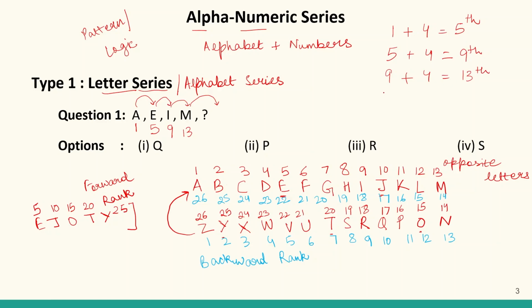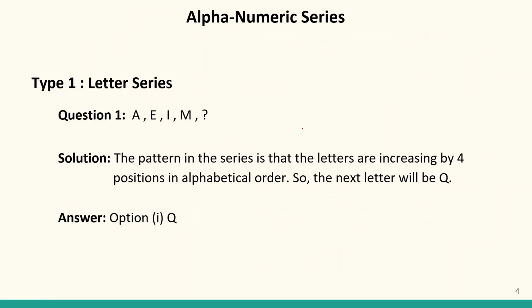So we have to move forward 4 ranks. So 13 plus 4 gives us the 17th forward rank. So which one is the 17th forward rank? It is Q. So our answer will be option 1, Q. This is the solution. We are increasing by 4 positions in alphabetical order.